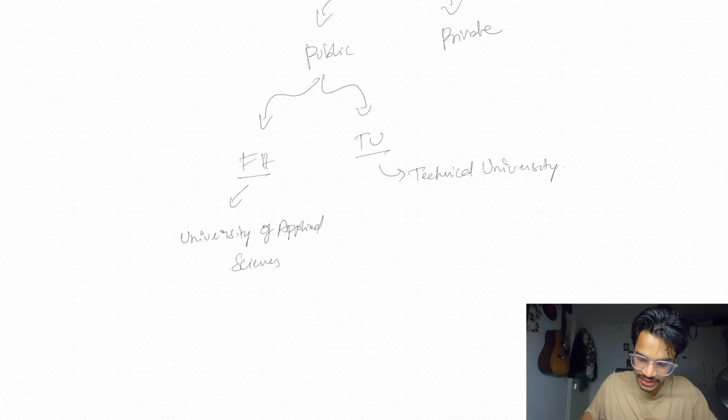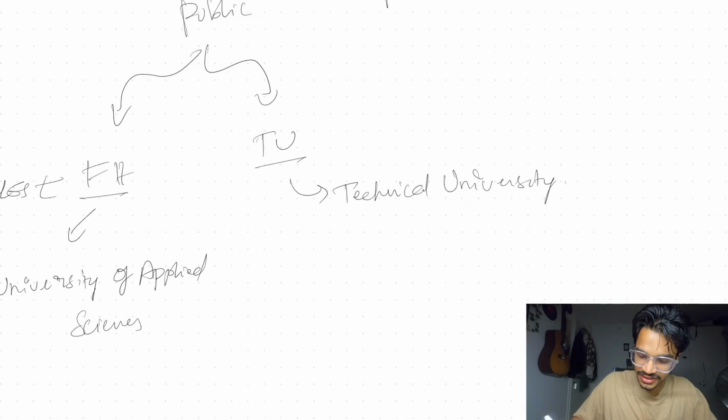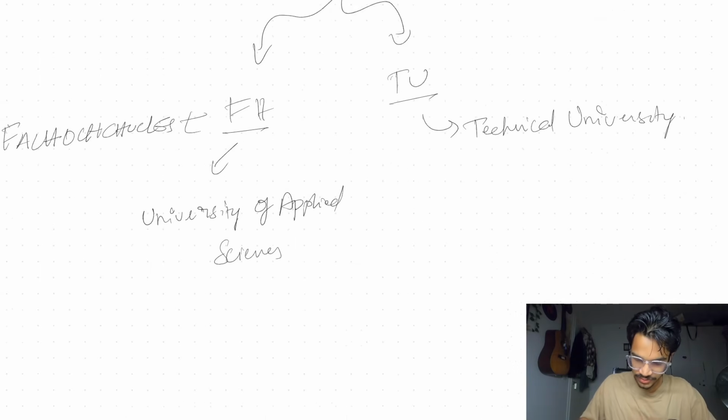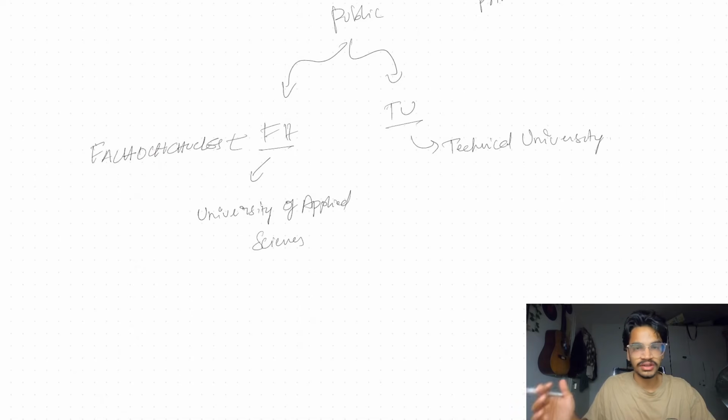FH in German means Fachhochschule. I don't know the spelling, if that's okay. And TU means Technical University, or Technische Universität. So FH in English means University of Applied Sciences and TU means Technical University.